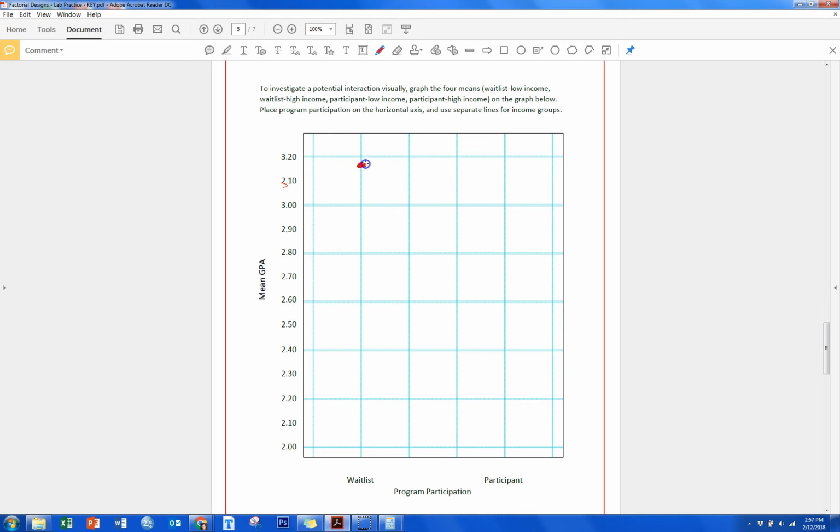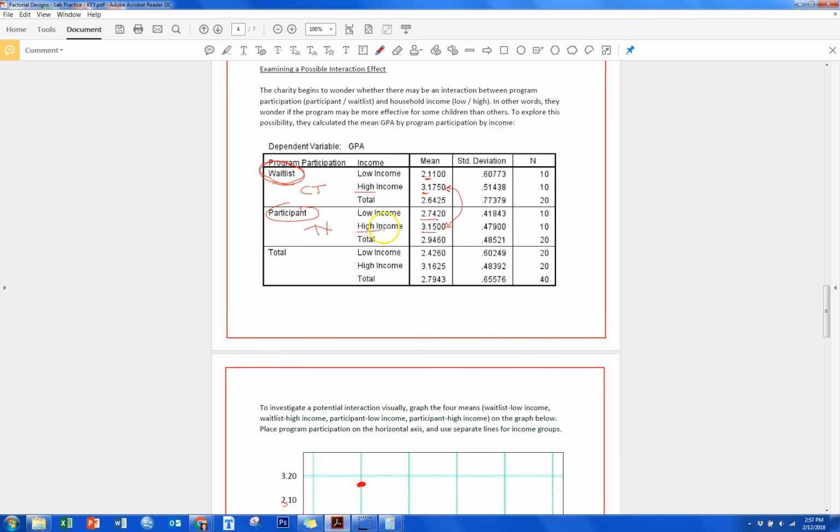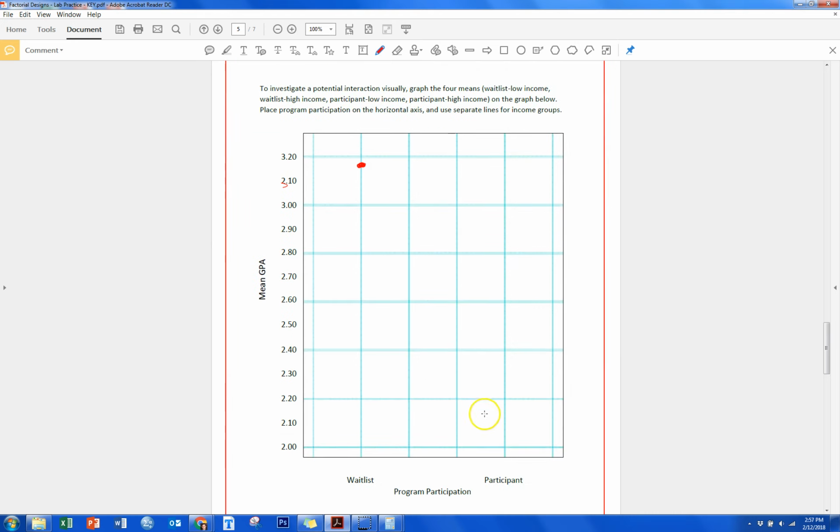So these are high income kids on the wait list. What about high income kids in the participant group? High income kids participant, 3.15. So we go over here, 3.15, right in between these two. So right about there. High income kids, we draw a line between these.